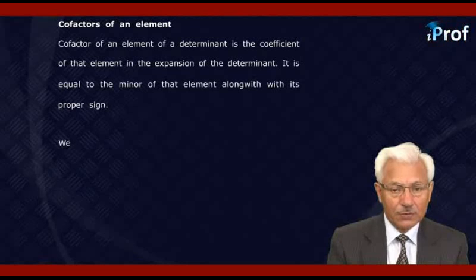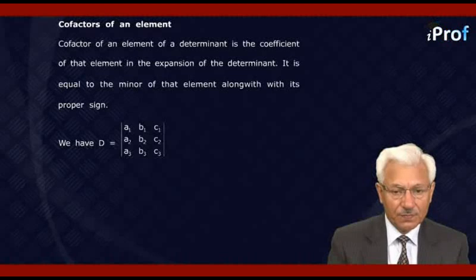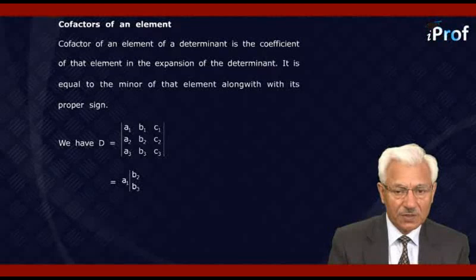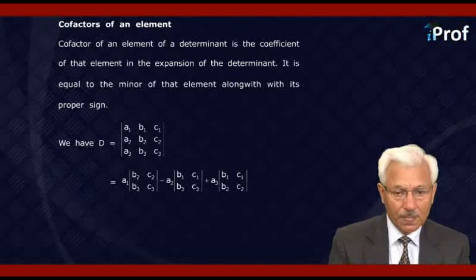We have D equal to A1, B1, C1, A2, B2, C2, A3, B3, C3, which when expanded with the help of the first column gives us A1 times the determinant B2, C2, B3, C3, minus A2 times the determinant B1, C1, B3, C3, plus A3 times the determinant B1, C1, B2, C2.